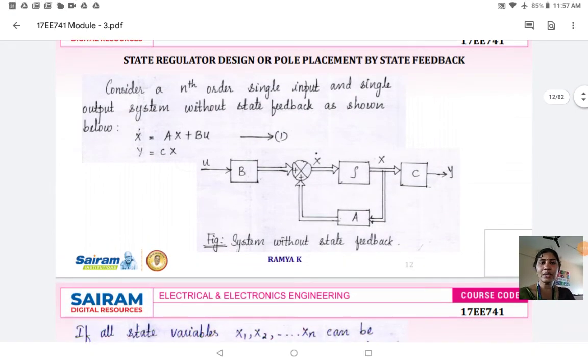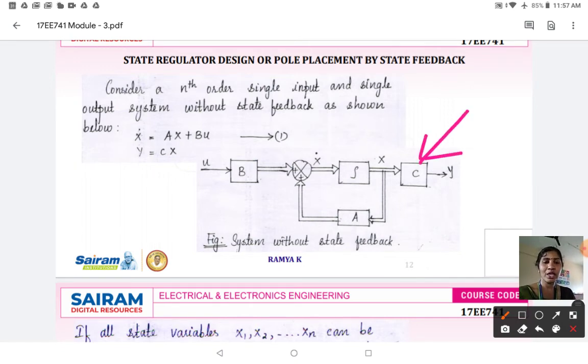Now you can consider the nth order single input and single output system with a state feedback. It is a simple state diagram that represents your state equation and output equation without any feedback. As discussed before, it is going to be your x dot, and you are going to use one integrator. The output of the integrator is going to be x. When I multiply x with A, I get Ax.